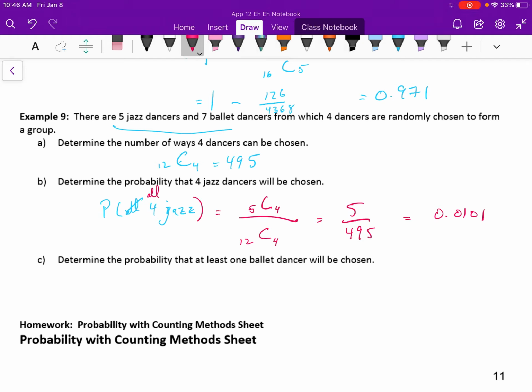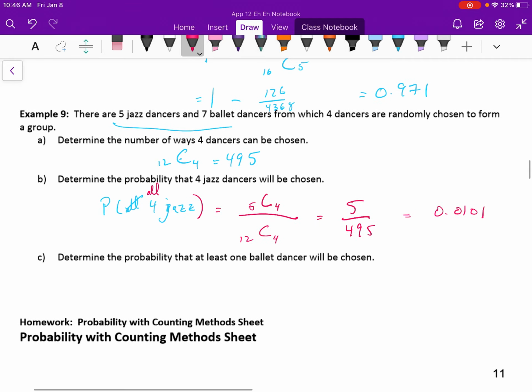Let's move on to C. Determine the probability that at least one ballet dancer will be chosen. So if I'm choosing at least one ballet dancer, I could figure out the probability of one ballet dancer, of two, of three, of four. Now, that would take a long time. Well, what's the complement of choosing at least one ballet dancer? The complement is all jazz.